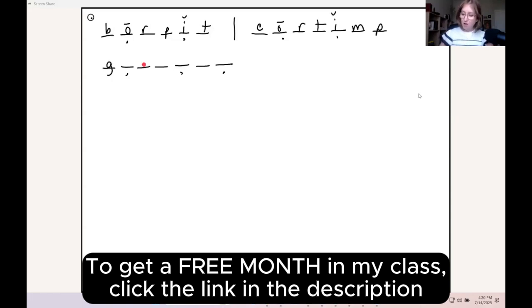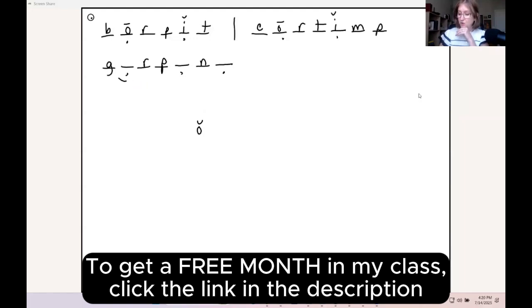G, A, R, P, A, N, E. Now here is our ah that you might have thought was an O, because O will say ah prior to coming to this class. You might have thought that an O would say ah in this spot because that is what O usually says, as in October or stomp.